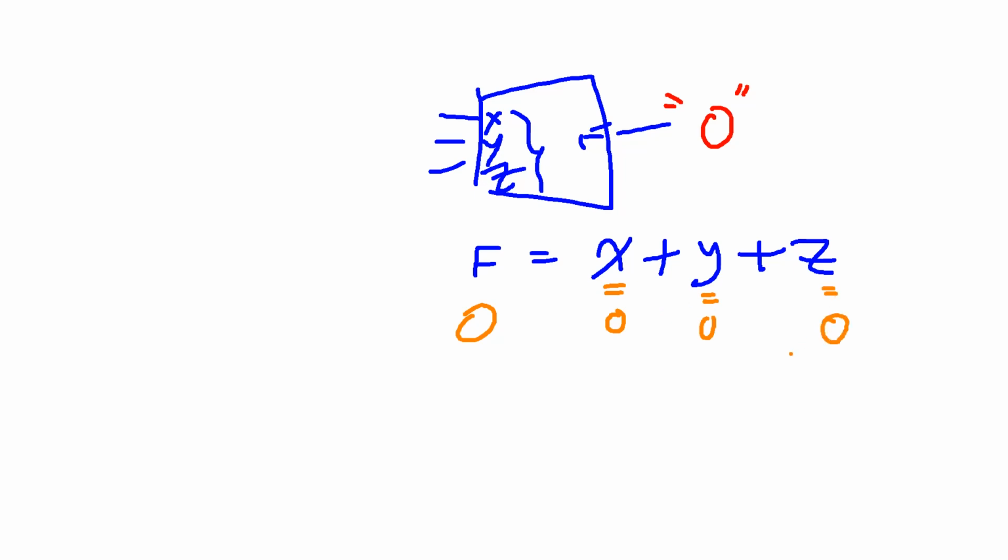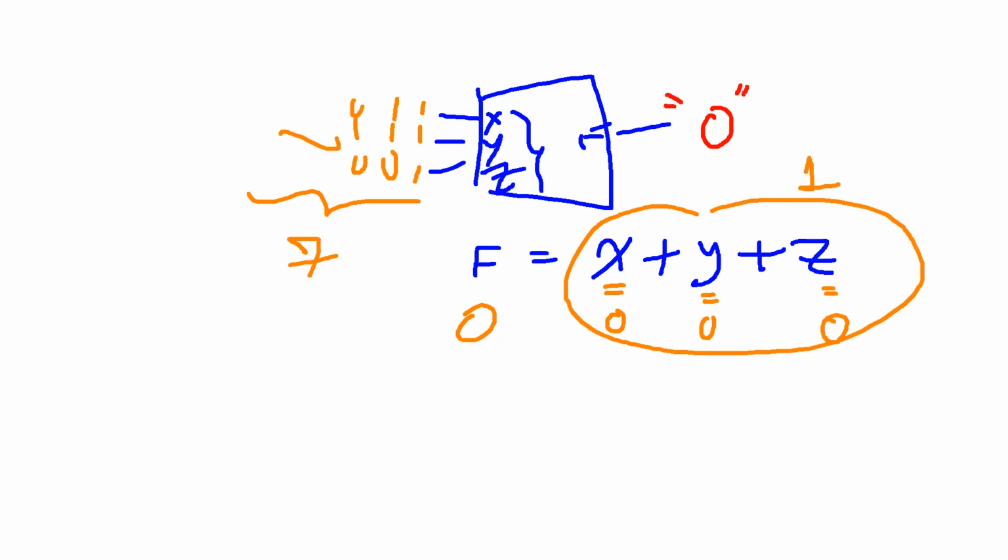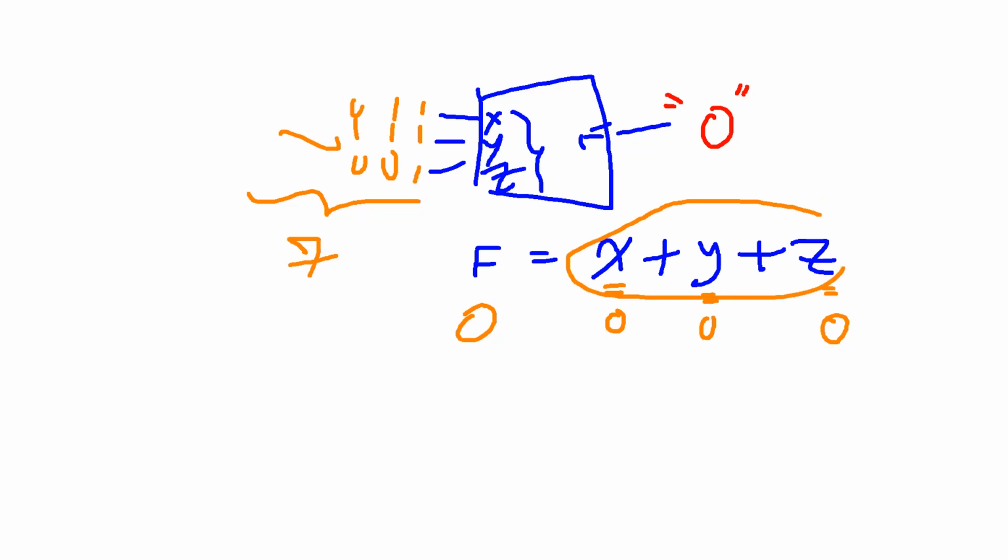So for any other combination of input values, for example 1 1 1, 1 1 0, 0 0 1, 0 1 0 and so on, that is 7 cases, this term is 1.